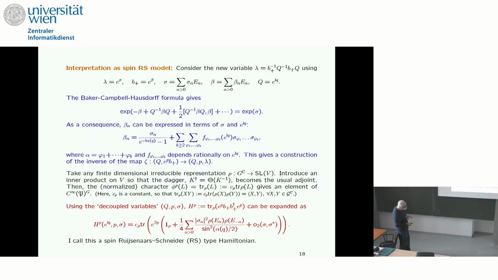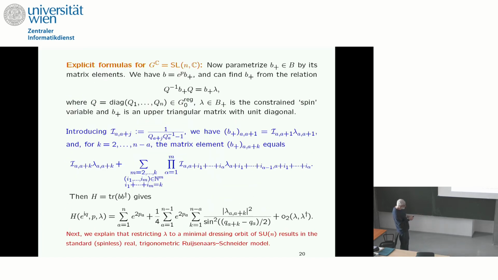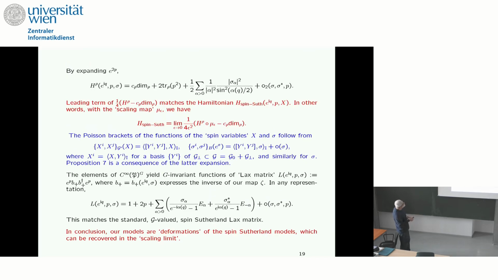Here, this is the representation rho, and you see something very similar to the spin-Sutherland one, this exponential. This is some finite polynomial in sigma, finite because of nilpotent groups. The leading term here is the spin-Sutherland Hamiltonian, if you also expand the exponential. I call this a spin-Ruijsenaar-Schneider type Hamiltonian. The same thing is repeated here, just with the exponential expanded.